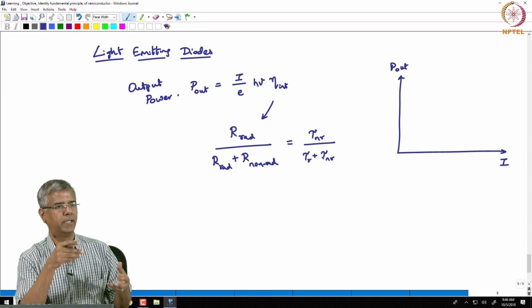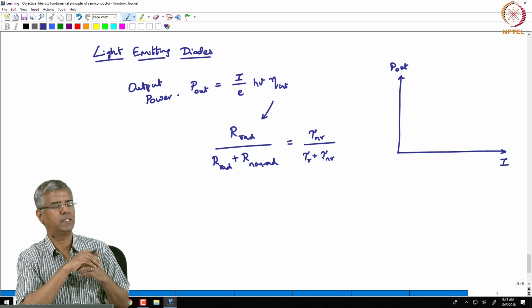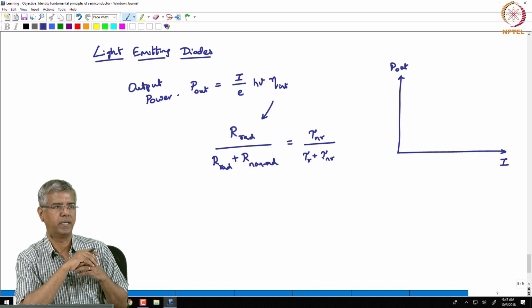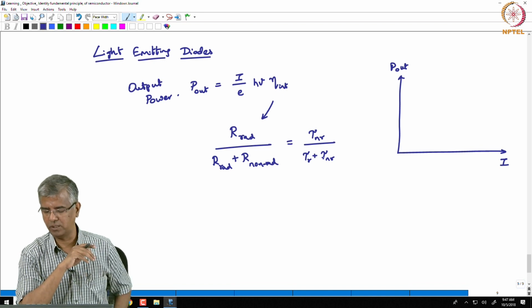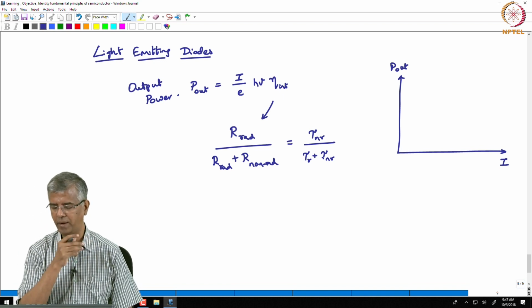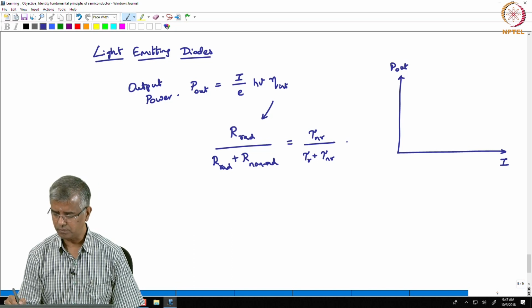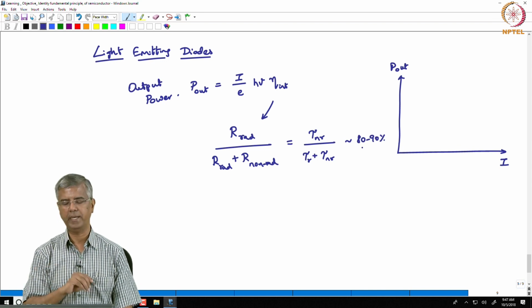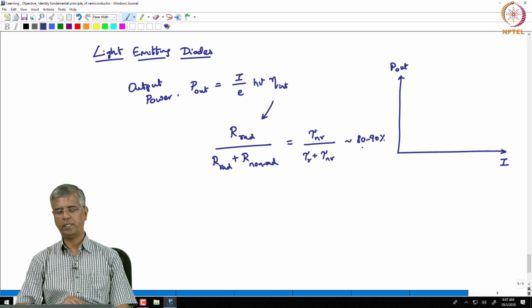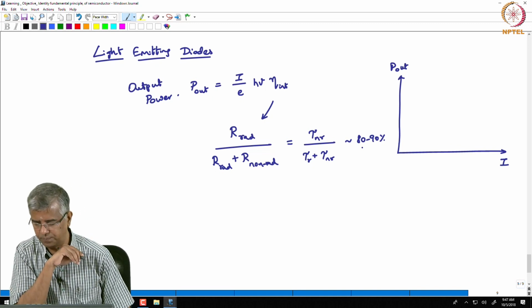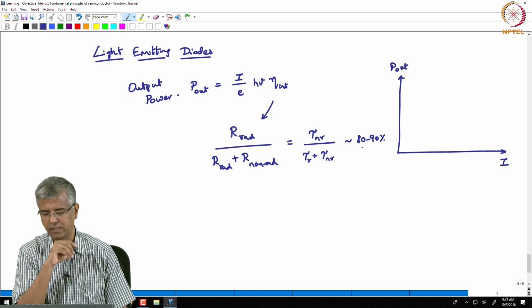So tau r can be much less than tau nr in this case. For these heterostructures, you typically see that the values are relatively high, around 80 to 90%, or 0.8 to 0.9, as far as gallium arsenide is concerned.